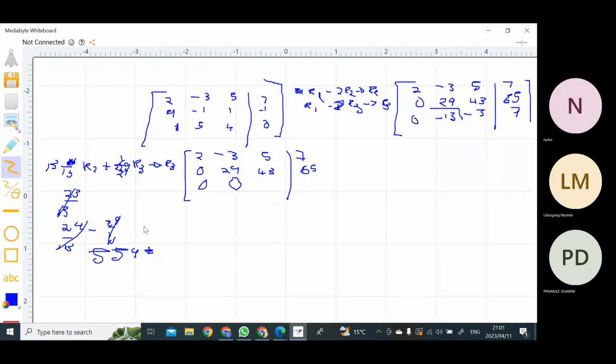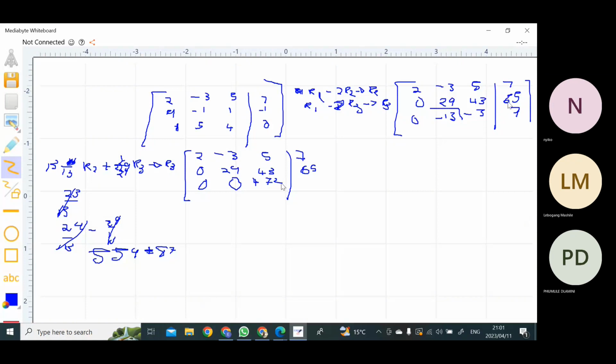Then 29 multiplied by 3 is going to be 87, minus 87. So 559 minus 87 is going to be 472.